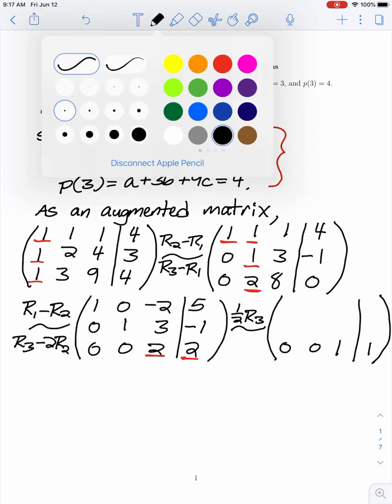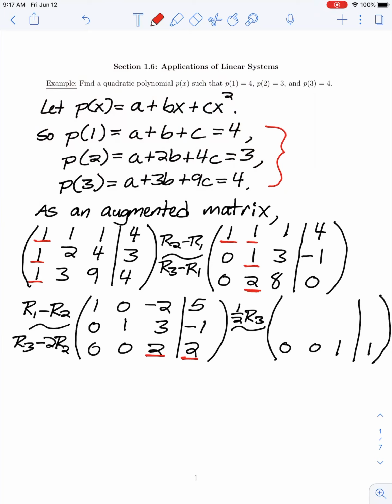Now in this same step, if I'm thinking about moving towards reduced row echelon form, I know that I want this top right entry of -2 to be 0. So I could use my last row, which has a leading entry of 1, to kill off that term by taking row 1 plus 2 times row 3, which would make my first row 1, 0, 0, 7. And for now, I'm going to leave my second row alone.